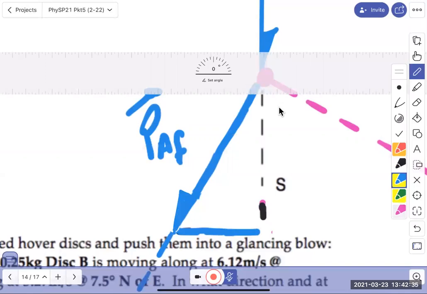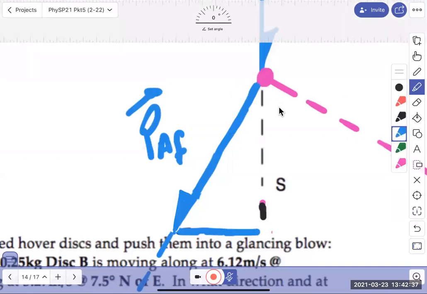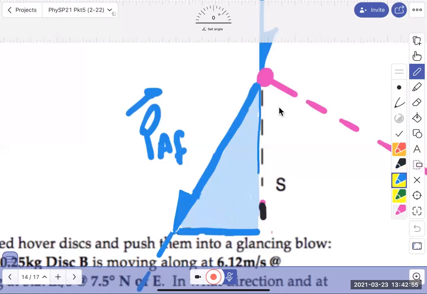So now I'm gonna make this a blue right triangle, because every vector at an angle is the hypotenuse of a right triangle. So I have a blue right triangle and I'm gonna have a purple right triangle. Blue comes along this way. There's the X leg, the north-south X leg.